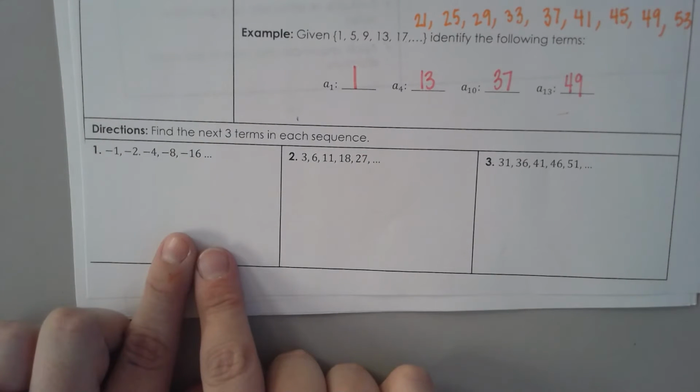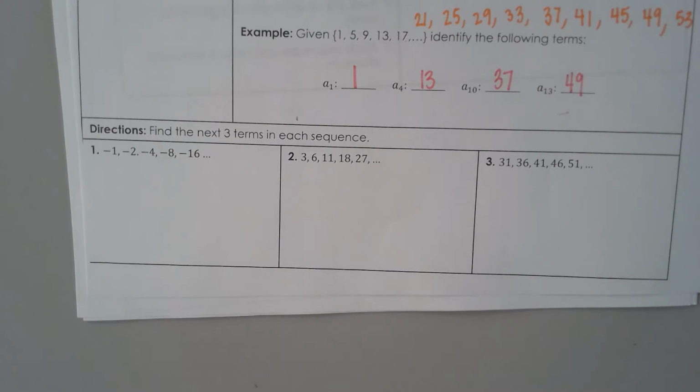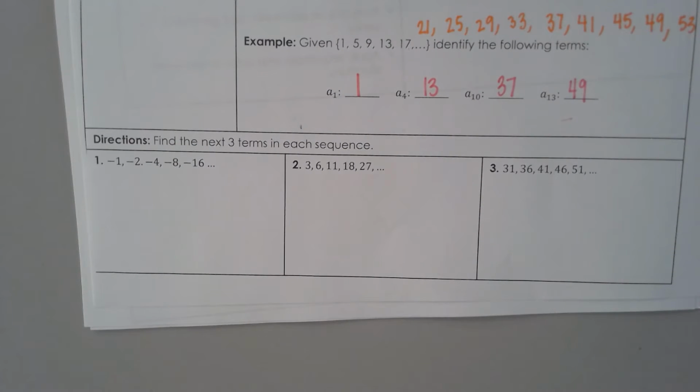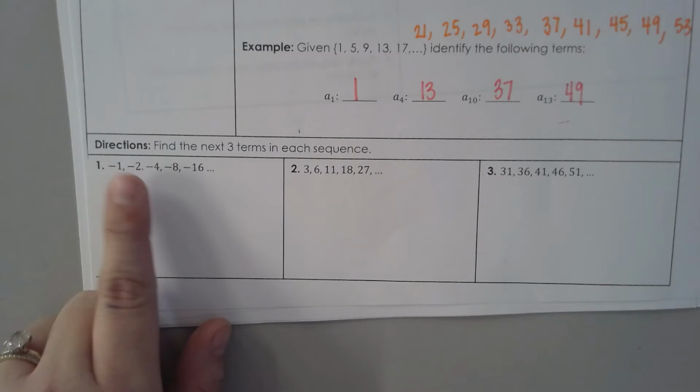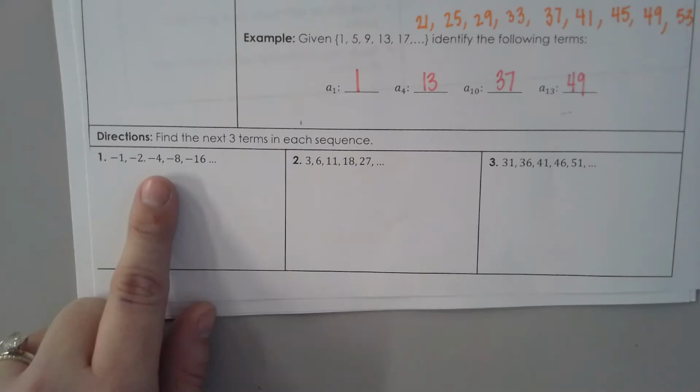Here in questions 1, 2, and 3, I have given you a sequence. And I'm asking you for the next 3 terms. Negative 32. Hold on. So I want you to figure out what is happening first. Okay.